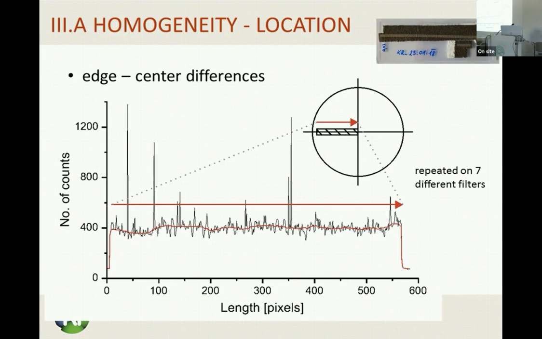So we ablated a few lines from the edge to the center, and as we can see here in the plotted signal, there was no trend observed in the ablation signal, and we concluded that there is no difference between sampling at the edge or in the center of the filter. However, we did find some strange spikes randomly appearing through the measurement, which will be discussed in a later step.